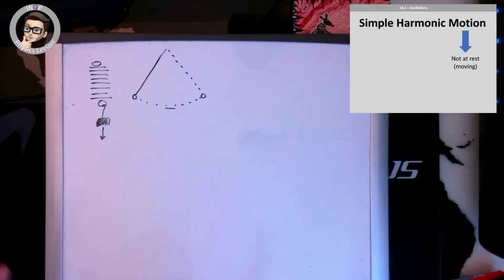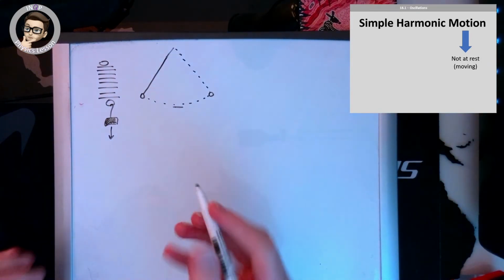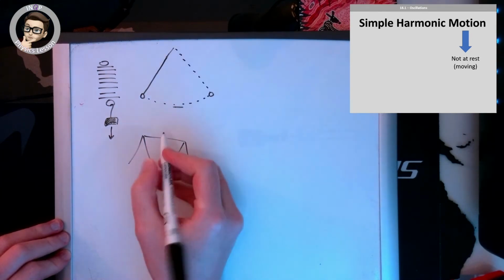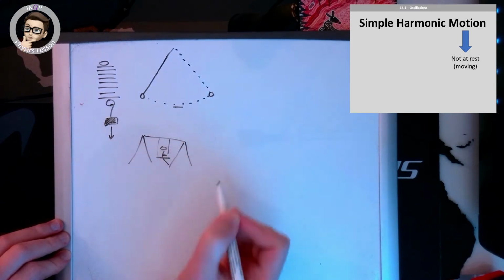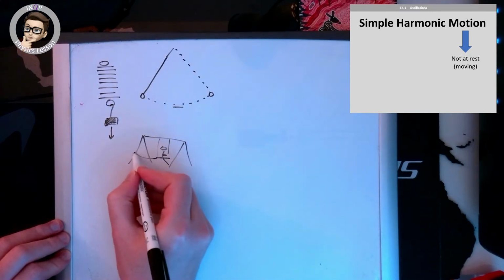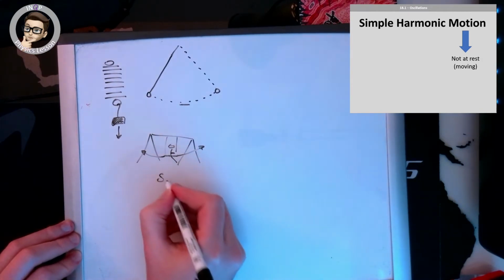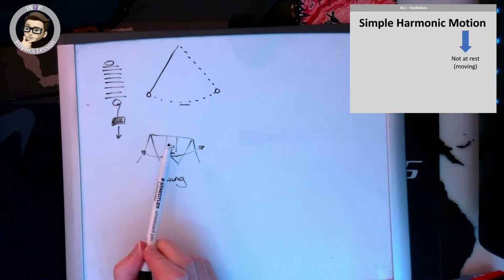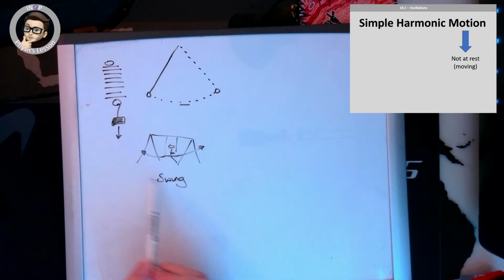Now those are the 2 we see in the lab quite often, but what about 2 we might see in everyday life? In fact, I've got 3. We'll do one more. So you can have a person sat on a swing, and that swing will go backwards and it will go forwards. So again, we have got an oscillation of that person on the swing, because we have got, similar to a pendulum, the same similar system.